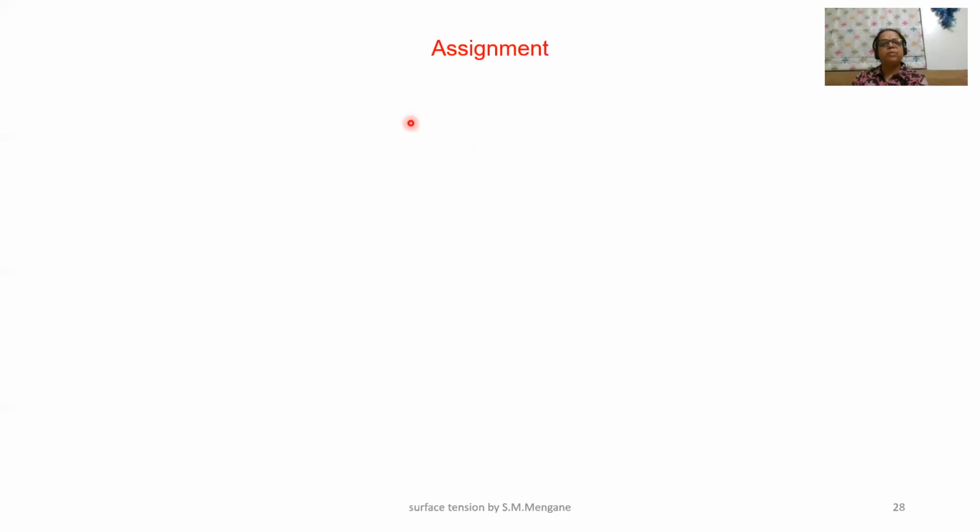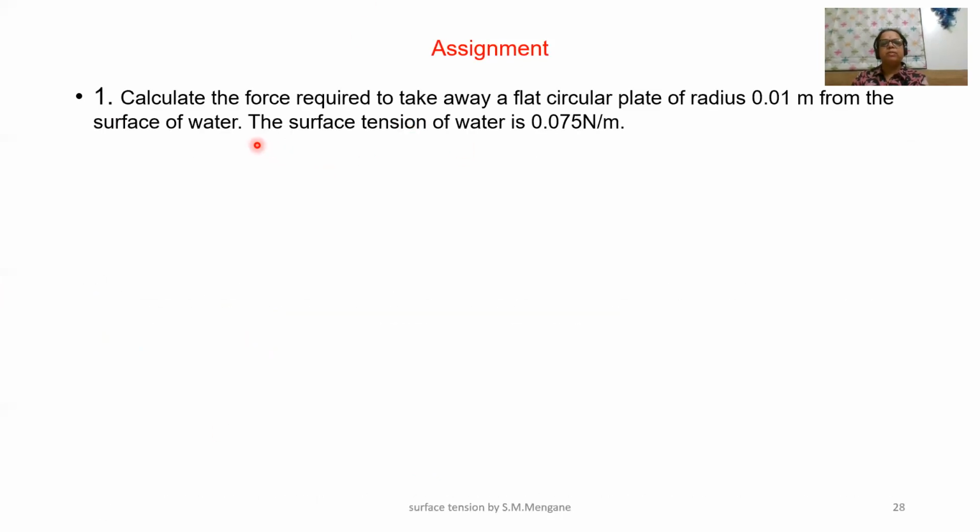Assignments on this topic are: calculate the force required to take away a flat circular plate of radius 0.01 meter from the surface of water. The surface tension of water is 0.075 Newton per meter. Determine the SI and CGS unit of surface tension. We can determine it by using the formula or by dimensional analysis also.